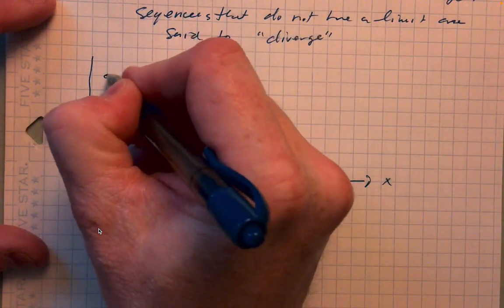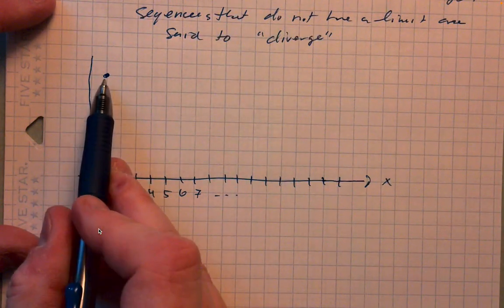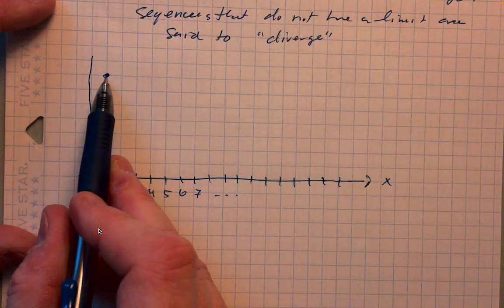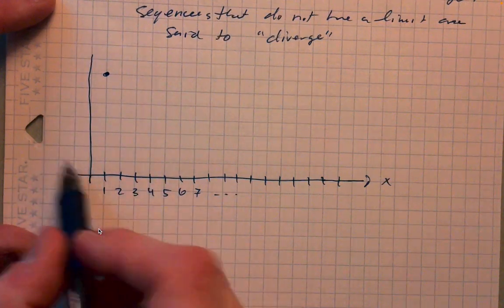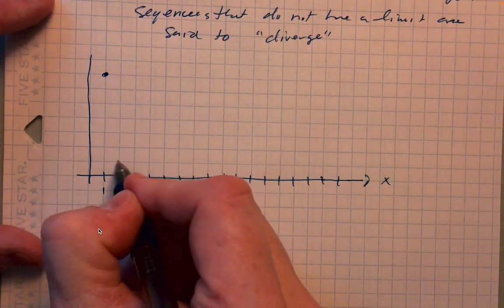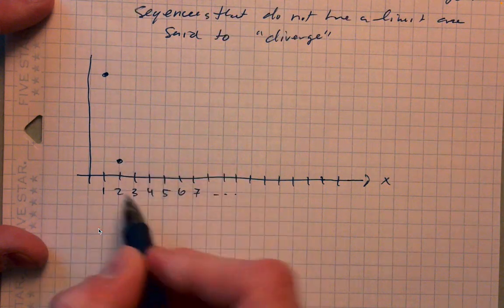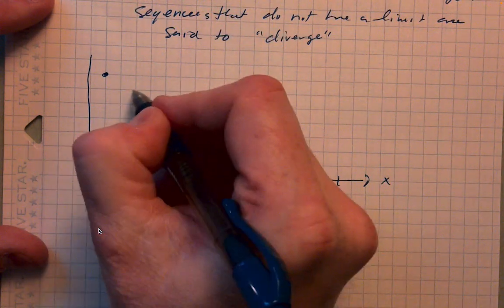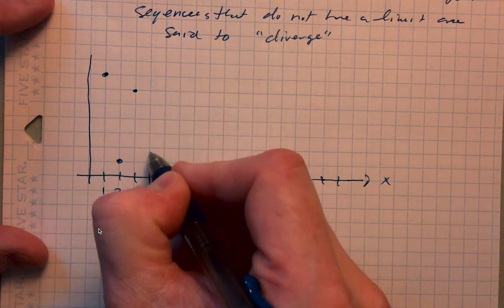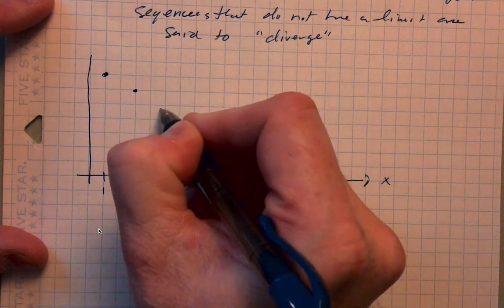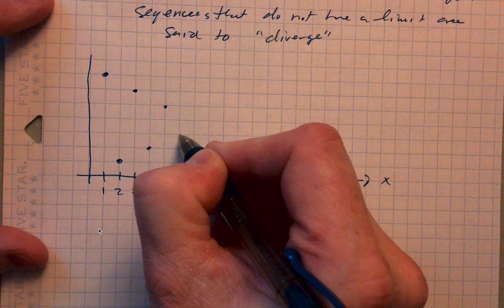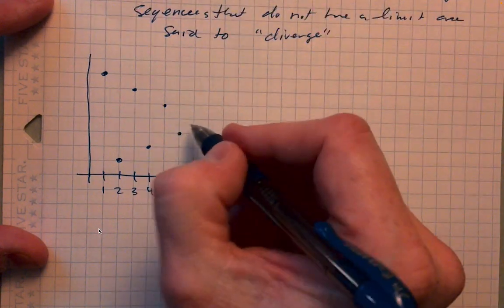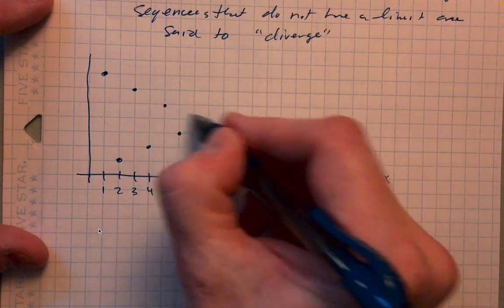So let's say maybe when n is equal to 1, the value of the sequence is way up here. Don't worry about what these values are. That's not important. And let's say when n is 2, the value of the sequence is down here. Then when n is 3, it's here. When n is 4, it's there. And when n is 5, you can kind of see what's happening here. The terms are coming closer together.